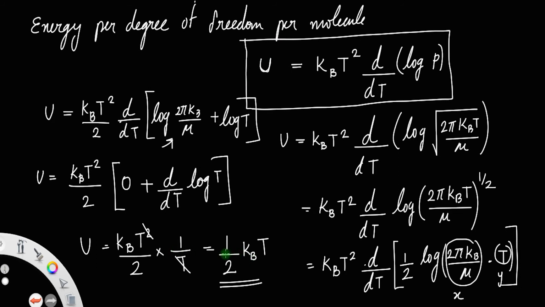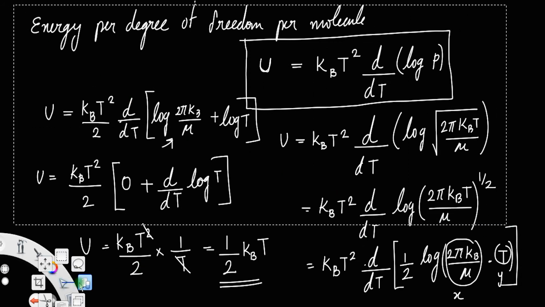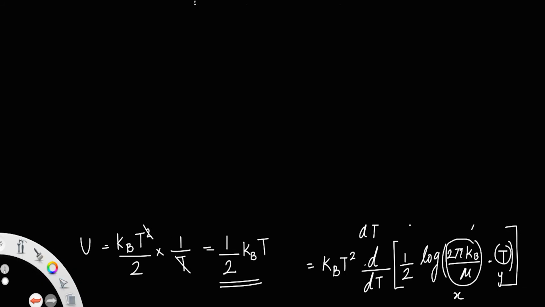Clear? So let's say for a monoatomic molecule, like argon gas, it has 3 degrees of freedom.